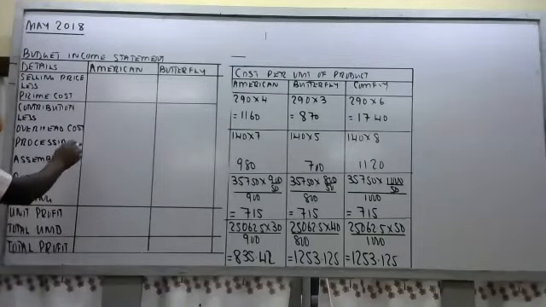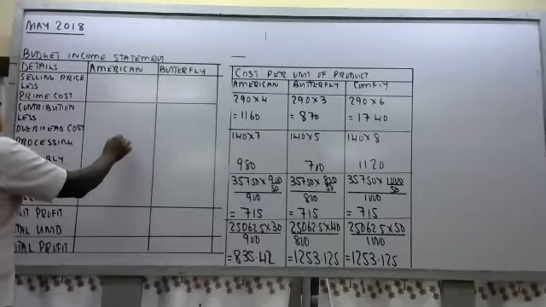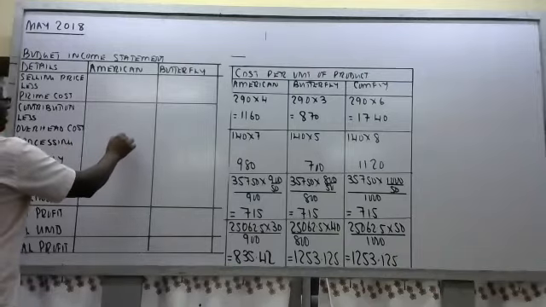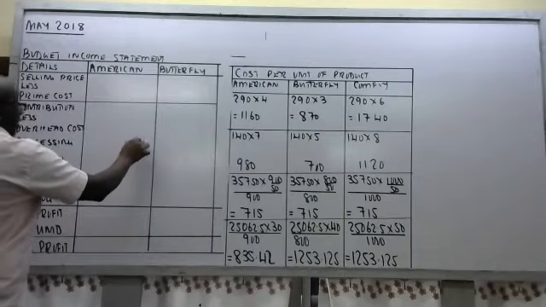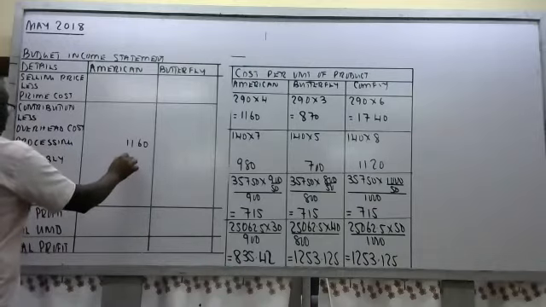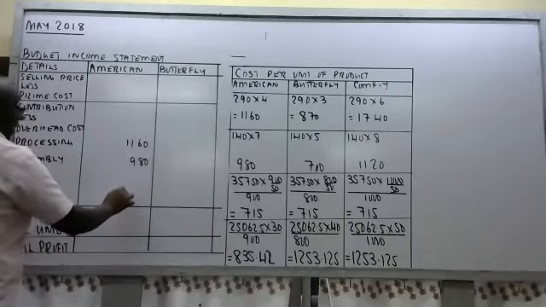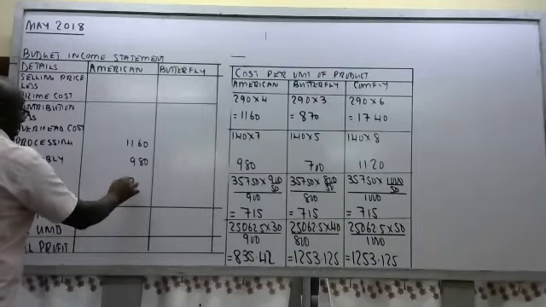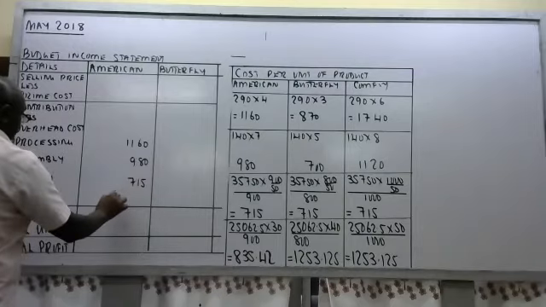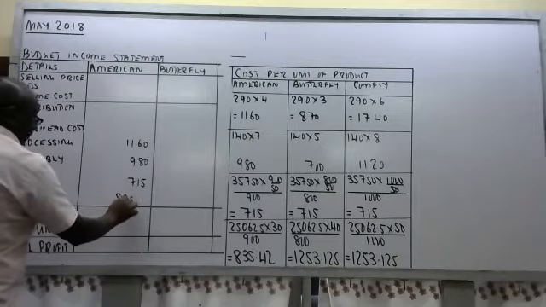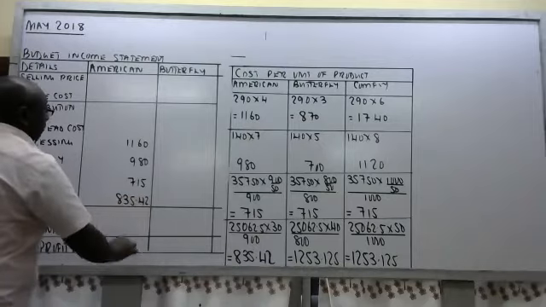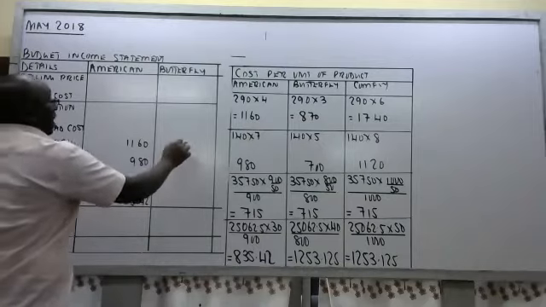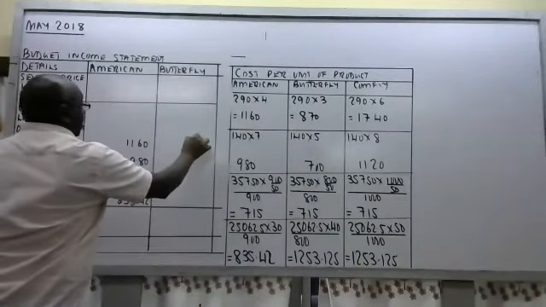For the American, in processing, the per unit is 1160. Assembly is 980. Quality is 715. This is 835.42. Butterfly, this is 870.